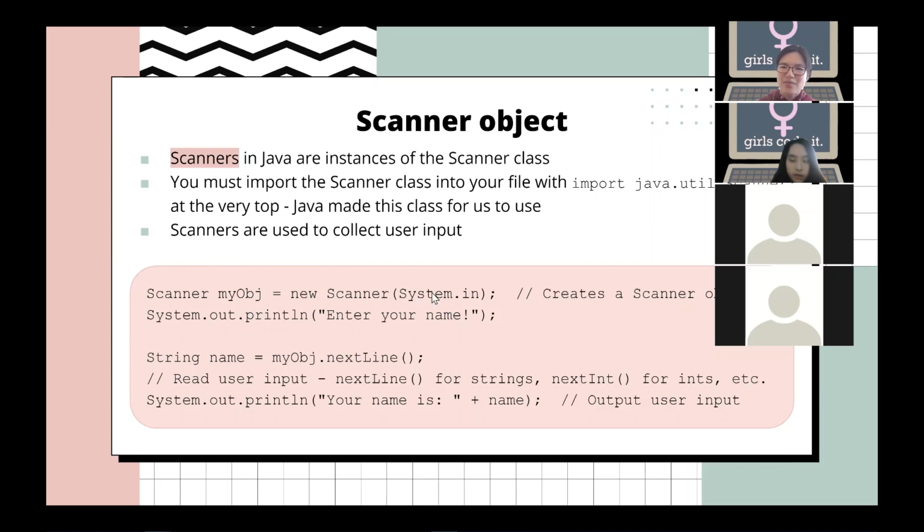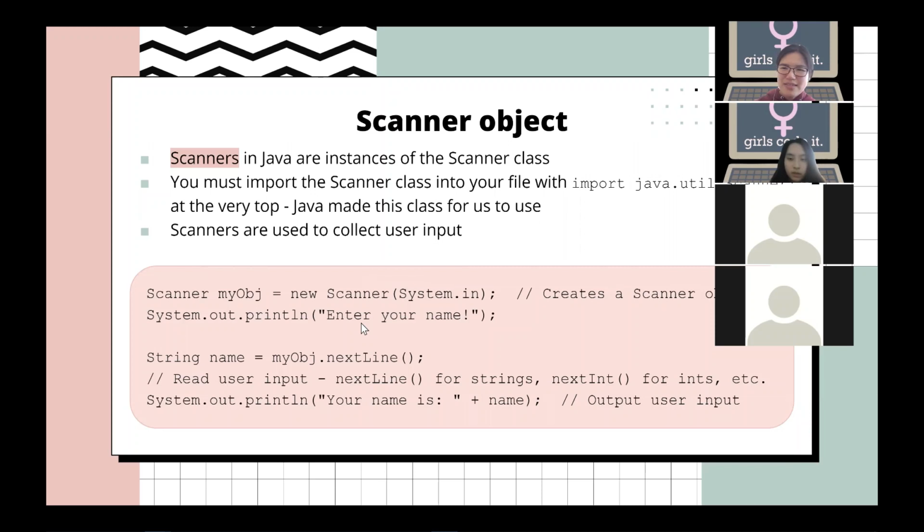System.in tells Java that you're using the standard system input. There's a lot of things with Java streams and stuff, but basically every time you create a new Scanner, you have to pass in System.in within the constructor.